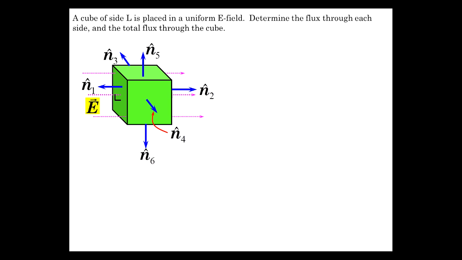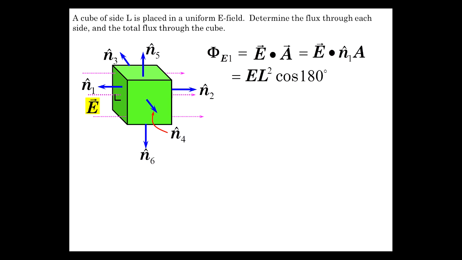Let's determine the flux through each side and the total flux through the cube. Well, the flux through face 1, right here, let's apply the formula. It's E dot A, which is E dot the surface area size A times the unit normal vector. Well, that's E, L squared is the area.